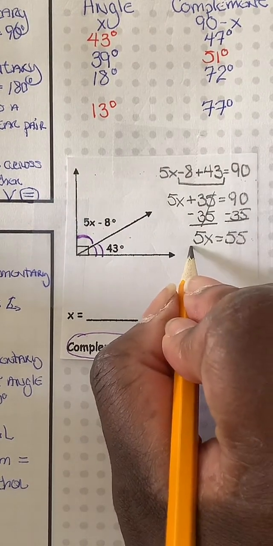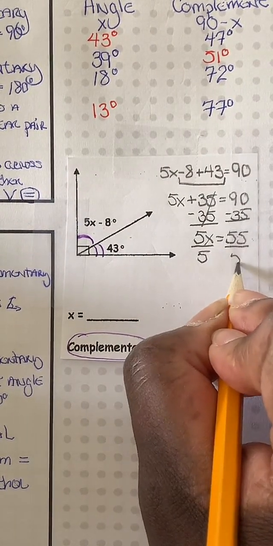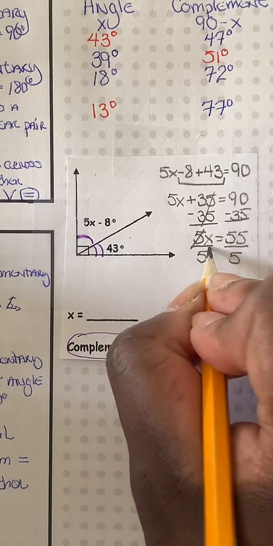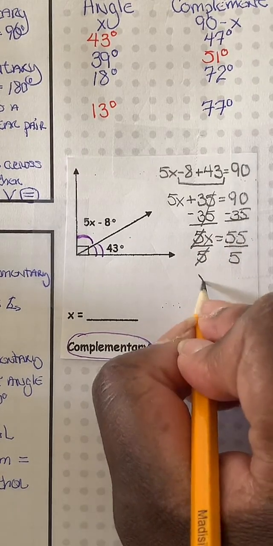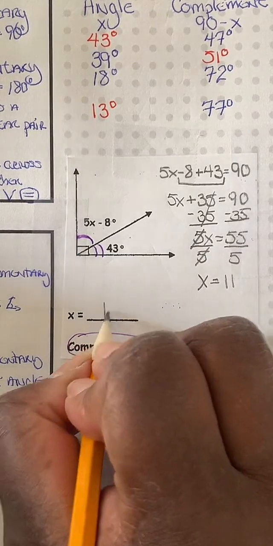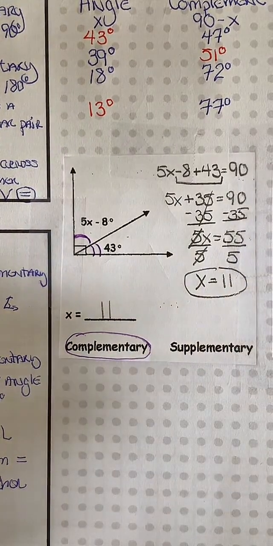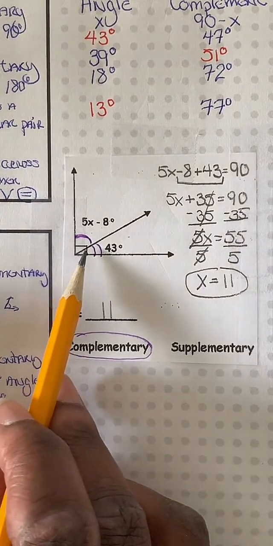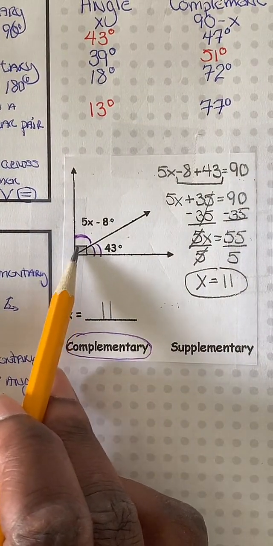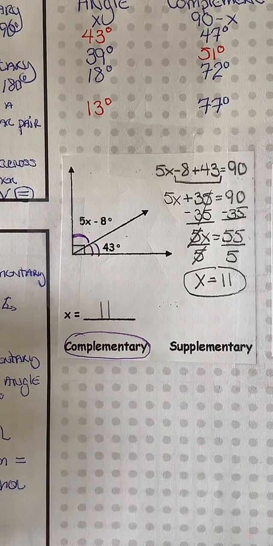In order for me to get x by itself, I have to divide both sides by 5. And that means x is equal to 11. Okay, so anytime I see that box, that means 90 degrees, and it will be complementary. Good.